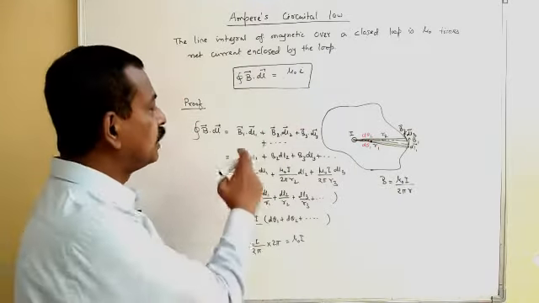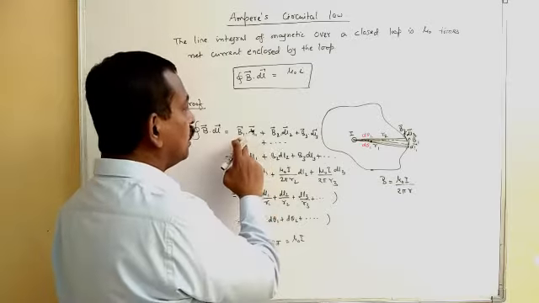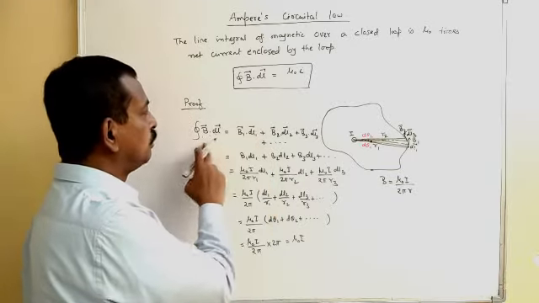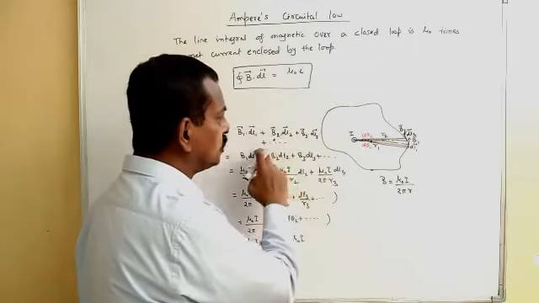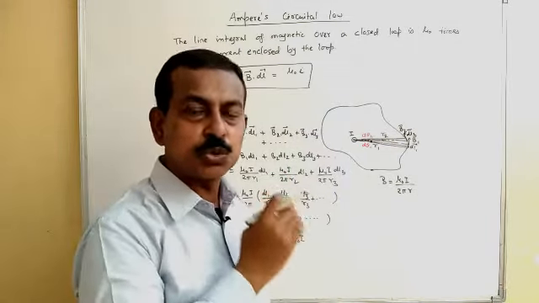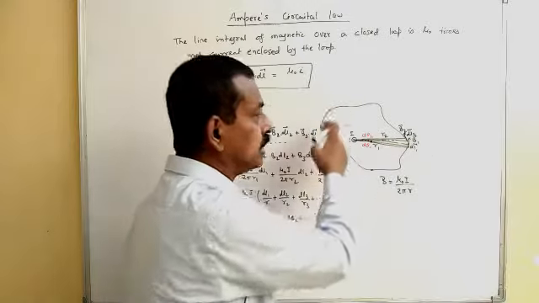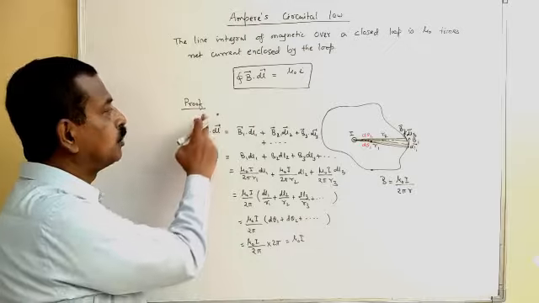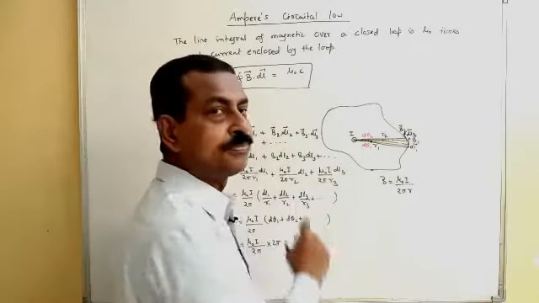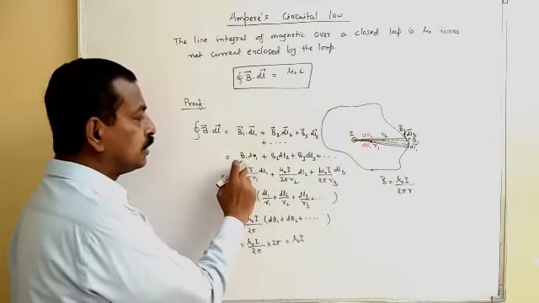So here, if you consider B dot dl1 plus B dot dl2 plus B dot dl3 and so on, if you just go on adding all these, we will get B dot dl integrated over the closed loop. So what we'll get here?